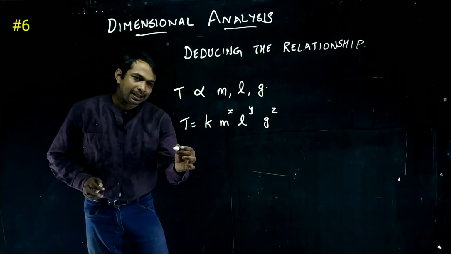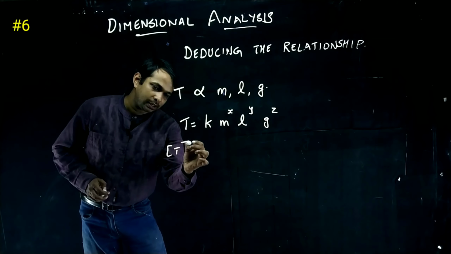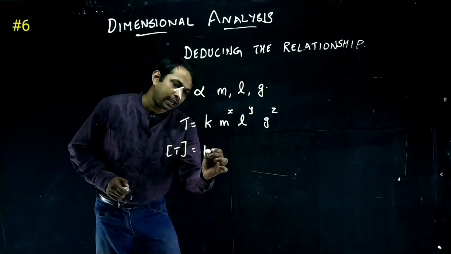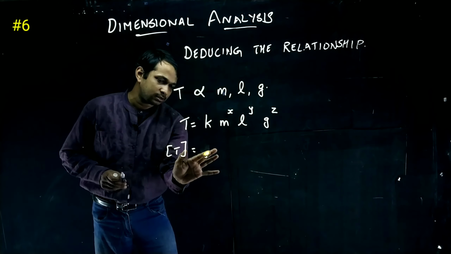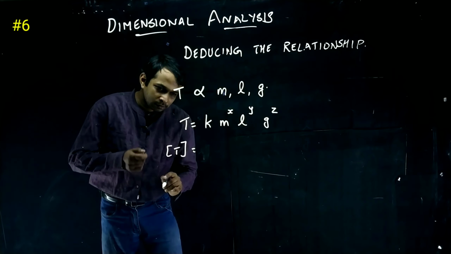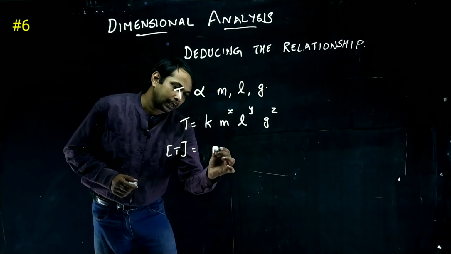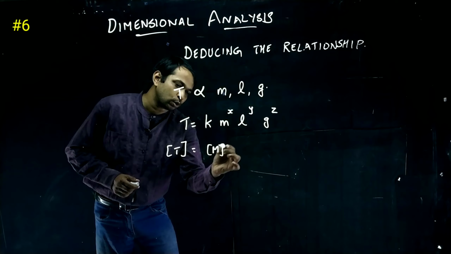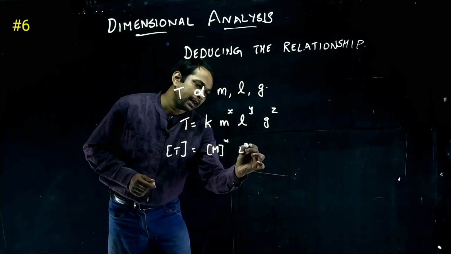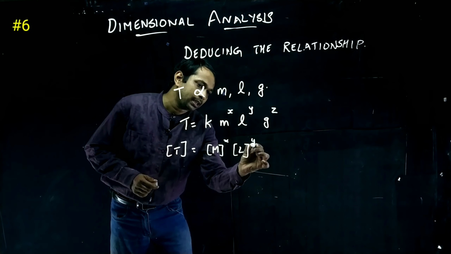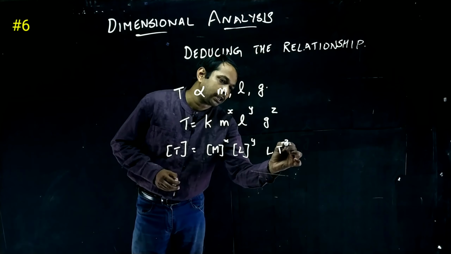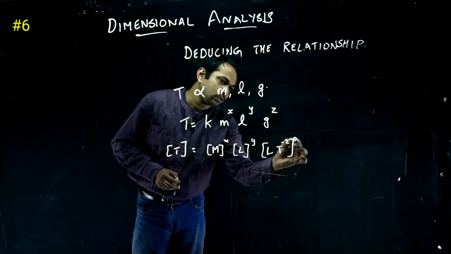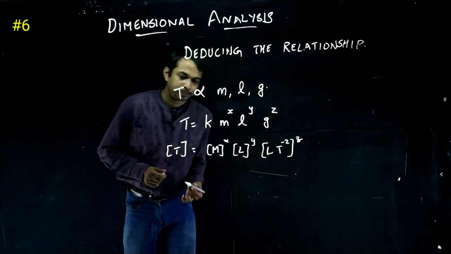Okay, now let's write it in dimensional method. T is equal to K into, okay, I'm sorry, there is no K here because this is a constant. M raised to x, L raised to y, and what is g? LT raised to minus 2, raised to z.